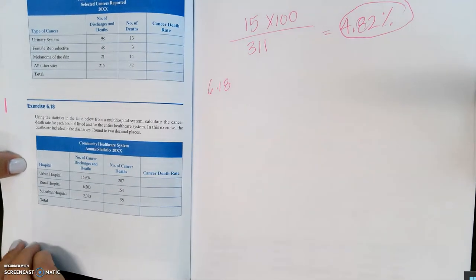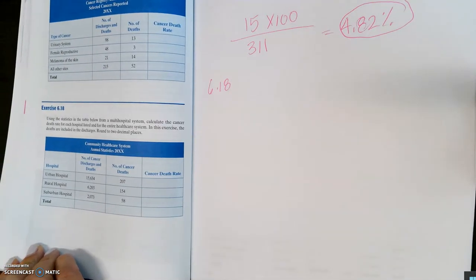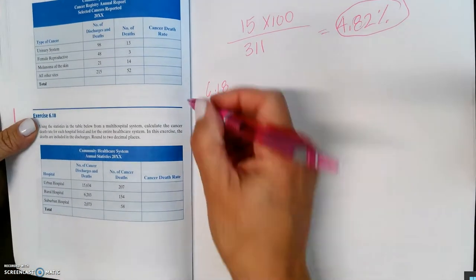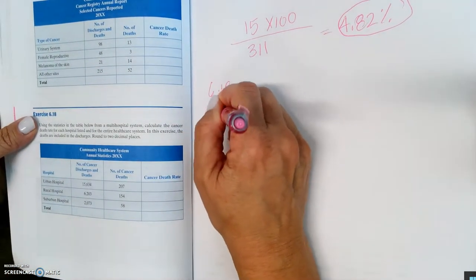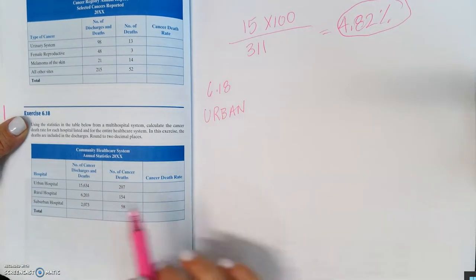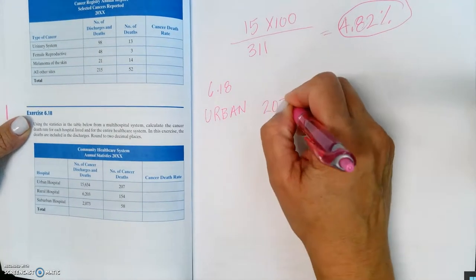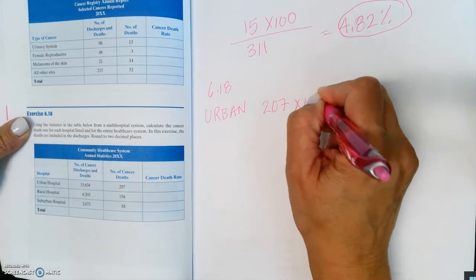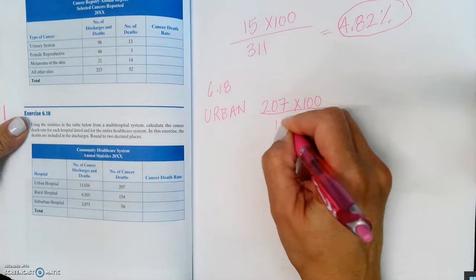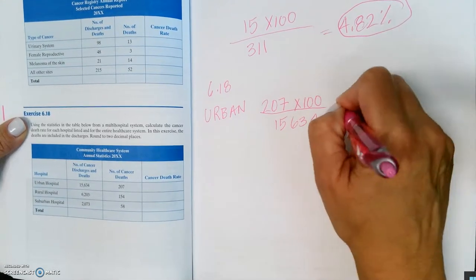In this exercise, the deaths are included in the discharges, and they want you to round to 2 decimal places. So let's do urban. These are just pulling the information out of the table and popping it in the formula. So I'll set urban up for you: 207 for your number of deaths, multiply by 100 over your potential, 15,634. And hopefully you got 1.32%.